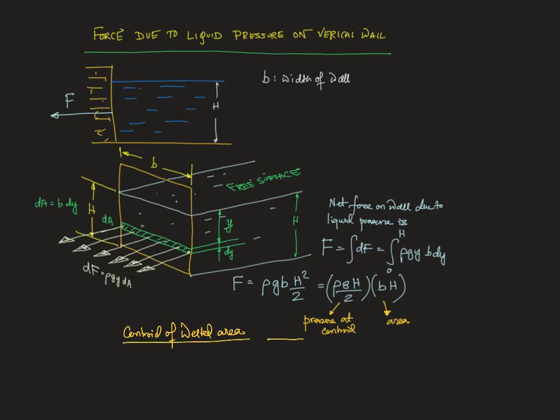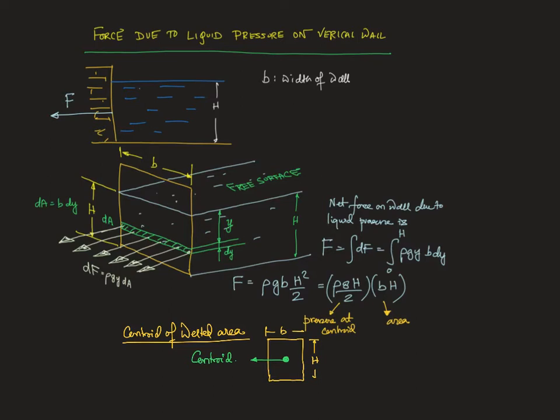So here it is a rectangle, right? Here the wetted area is a rectangle of height h and width b. So the centroid of the rectangle means it is this. It is the center of mass of a lamina having the shape of the rectangle.